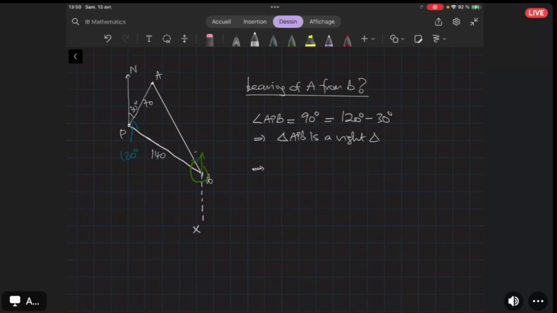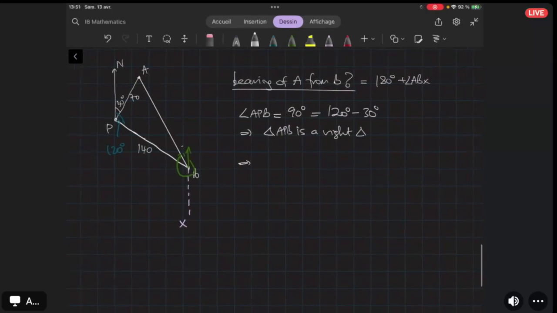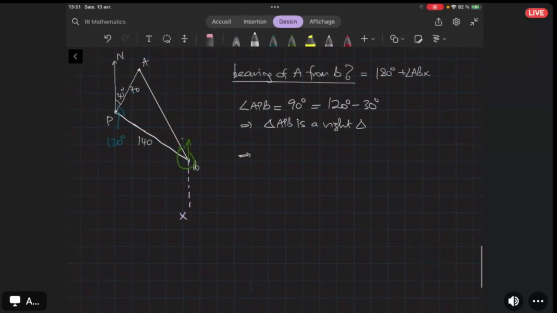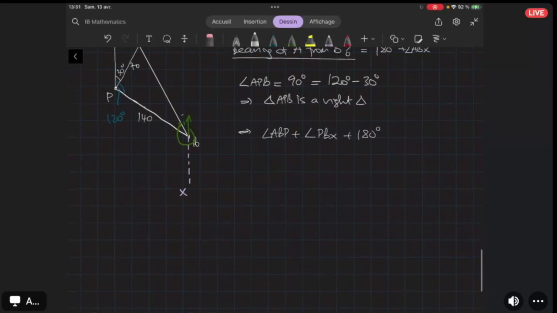So the bearing is therefore 180 plus ABX. Now, angle ABX is made up of two parts. We have ABP and we have PBX, plus 180. That's going to be the bearing.